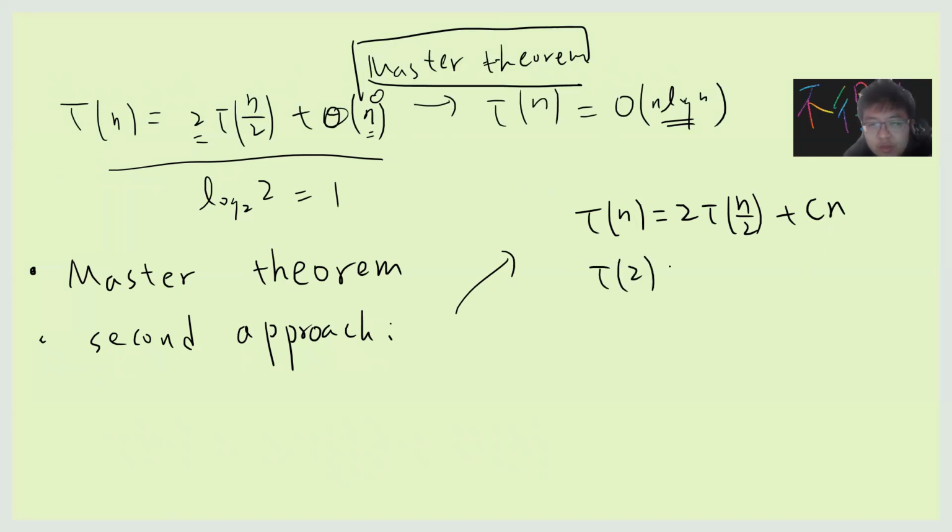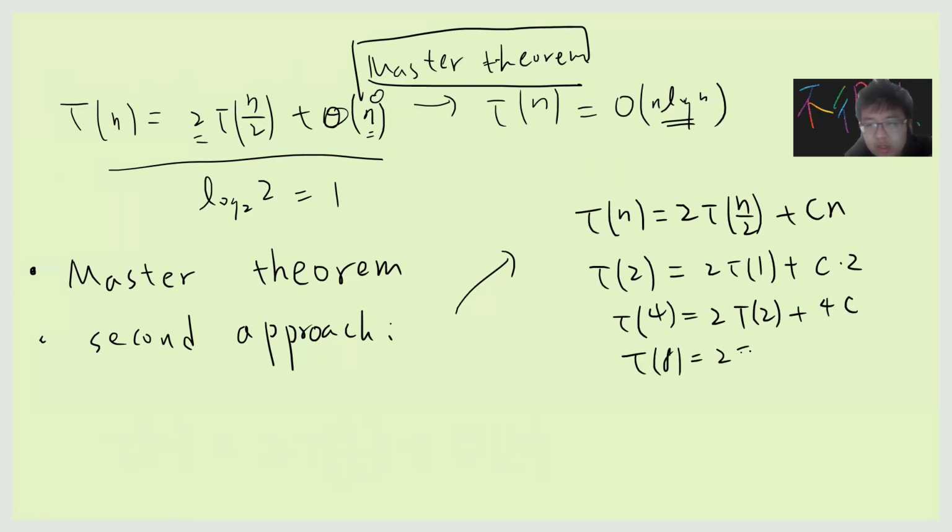Let's say T of 2 is 2T of 1 plus 2C. T of 4 is 2T of 2 plus 4C, and T of 8 is 2T of 4 plus 8C.